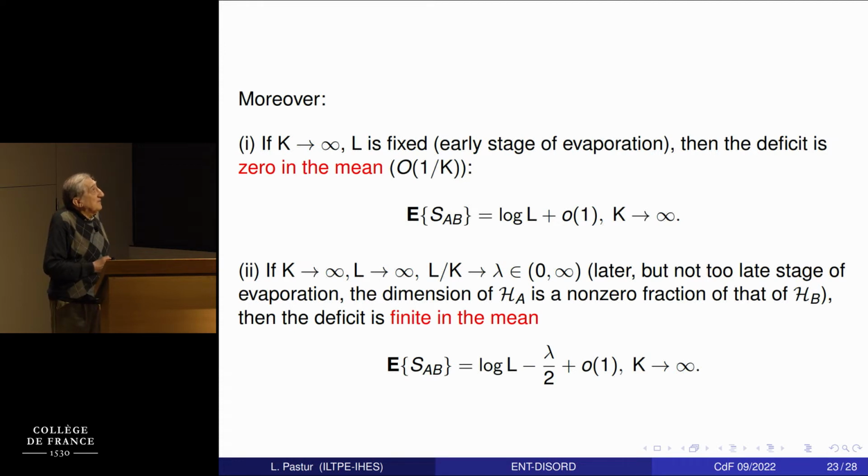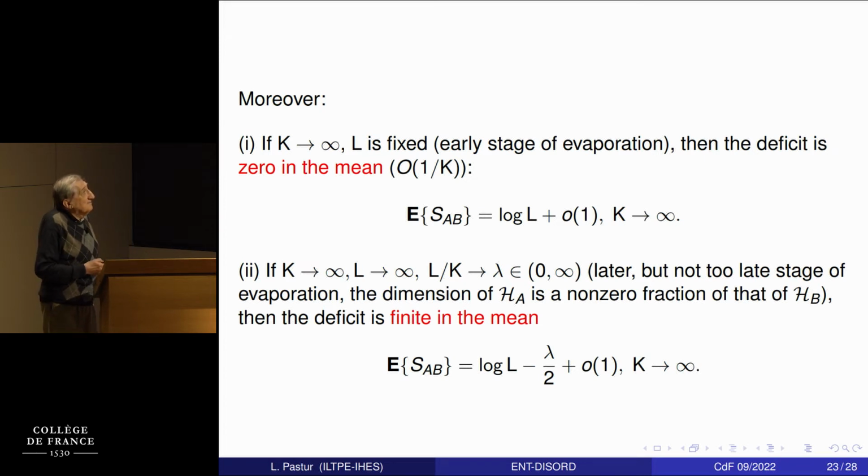So if you are in a very early stage of the radiation process, you have a leading term that is almost completely entangled, and then you see the corrections.